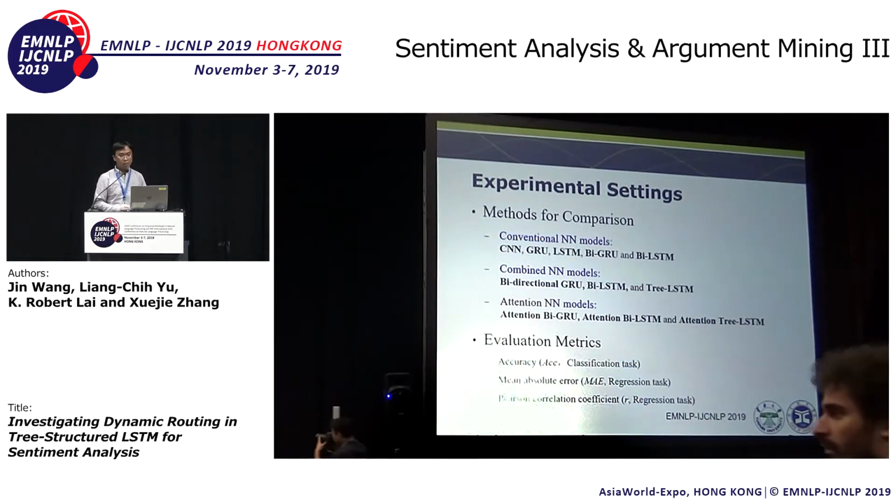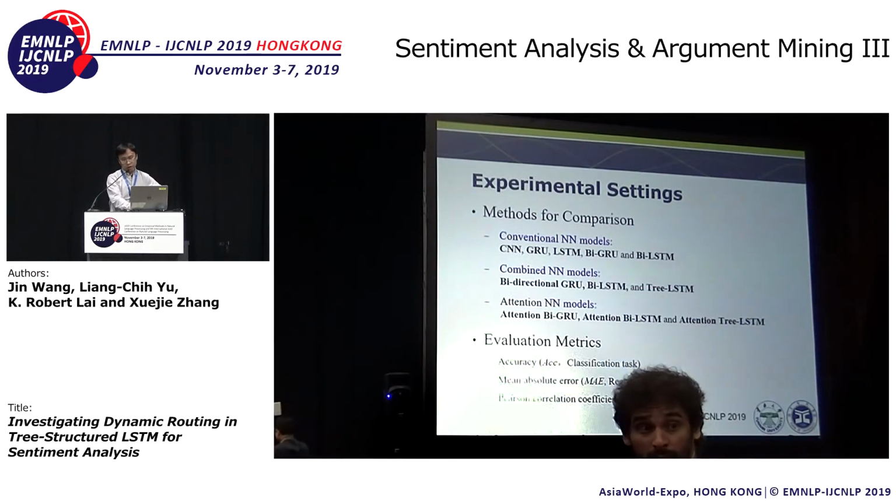We compare our model with several deep neural networks, including CNN, GRU, LSTM, and tree LSTM. For the sequential models, we additionally implement enhanced versions, using a bidirectional strategy and a two-layer stacked architecture.